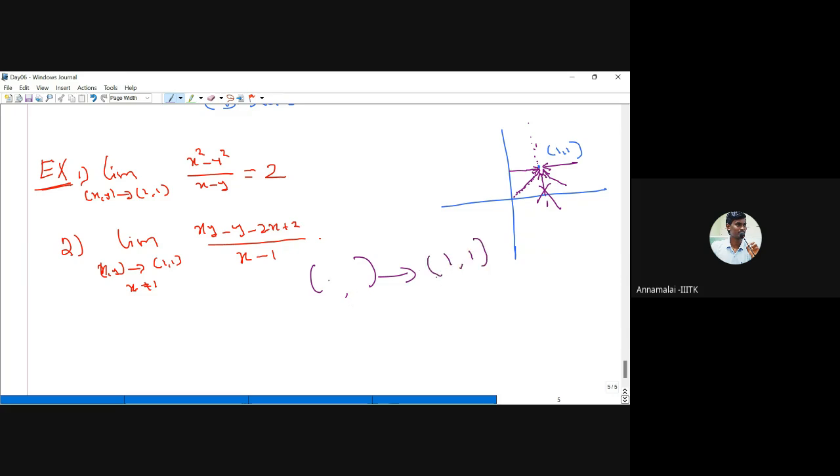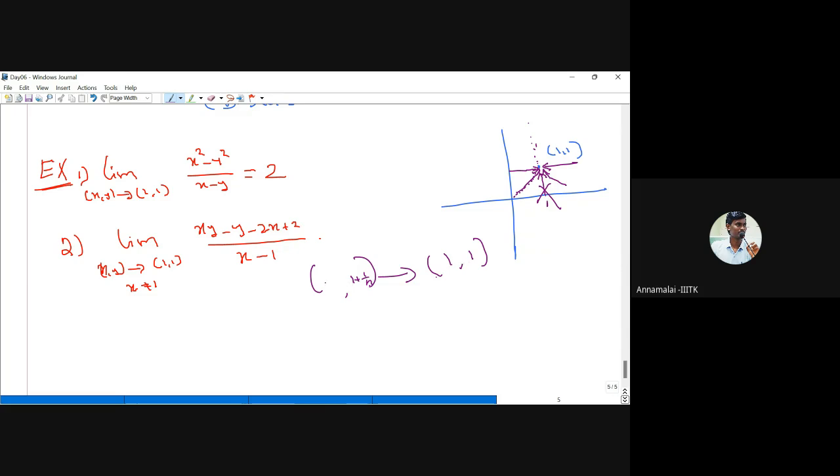Maybe you can take n comma 1 by n, but n does not converge, while 1 by n converges to 0. Maybe you can take 1 plus 1 by n, because 1 by n goes to 0. Therefore, 1 plus 1 by n goes to 1.